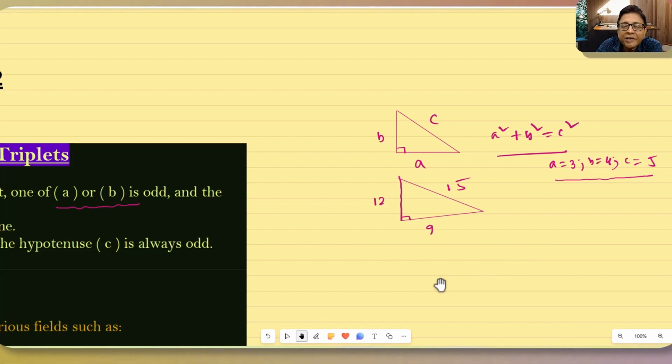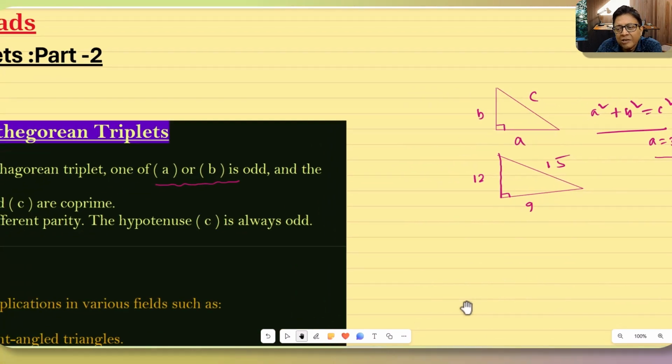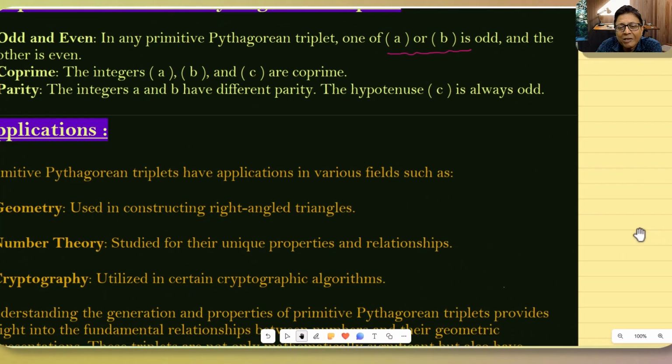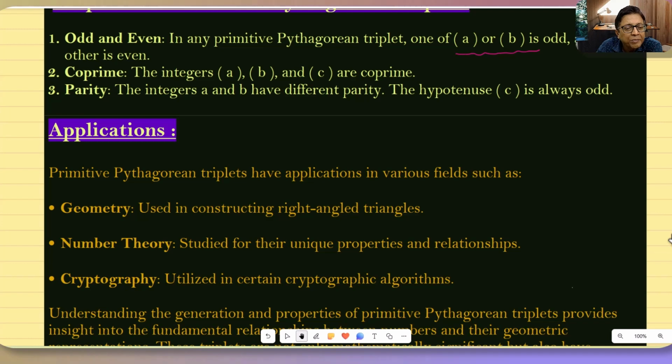Before that, a little bit of application of primitive Pythagorean triplet. I remind you, they have application in various fields like geometry, constructing right angle triangles, already a little bit discussed, and number theory, automatically, because we are going to explain geometric property of right angle triangle with the help of numbers. So automatically there will be a very good relation with number theory.